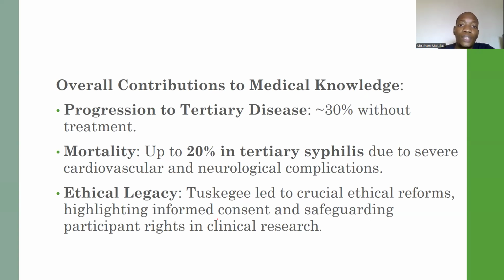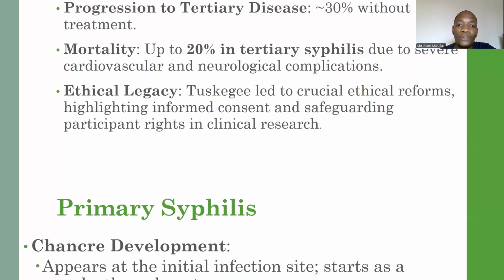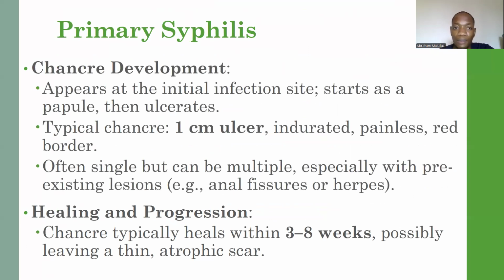And then this is the overall contribution to medical knowledge: 30% developed tertiary syphilis, with a mortality of 20%. Then at the end of it all, we have the ethical legacy that after this study, there was a good discussion that led to the abolition of studies on humans if you've not studied the condition very well. So you cannot have medicine and then not treat someone because you want to see how the disease progresses.